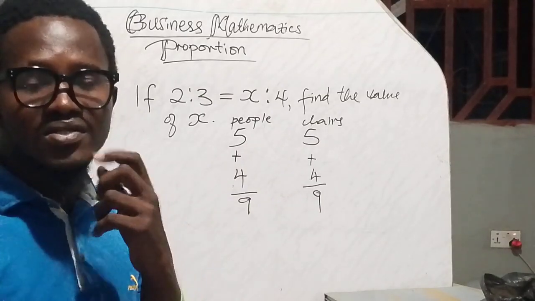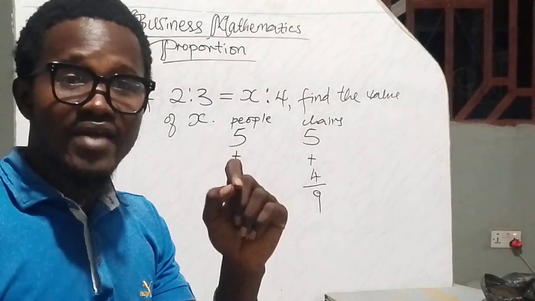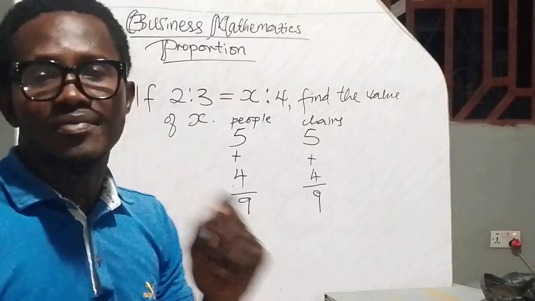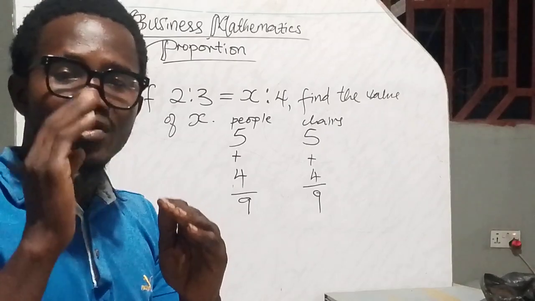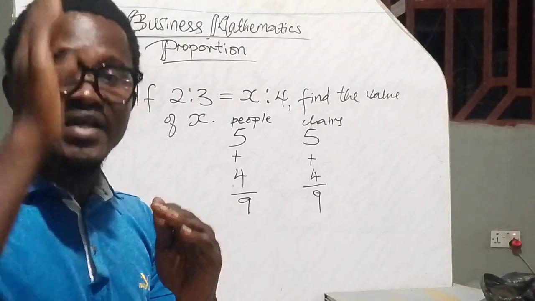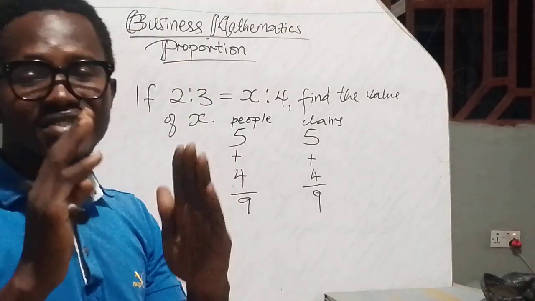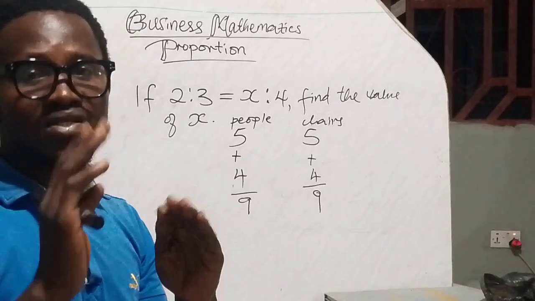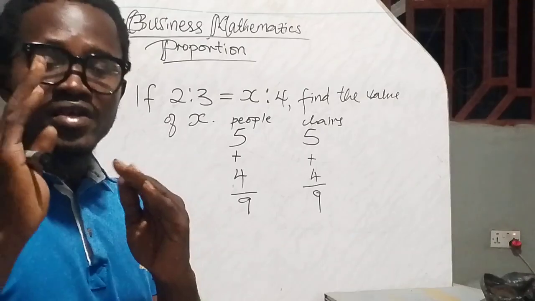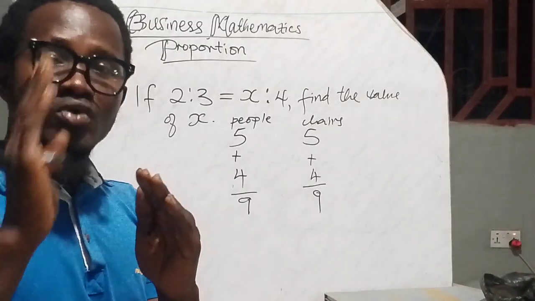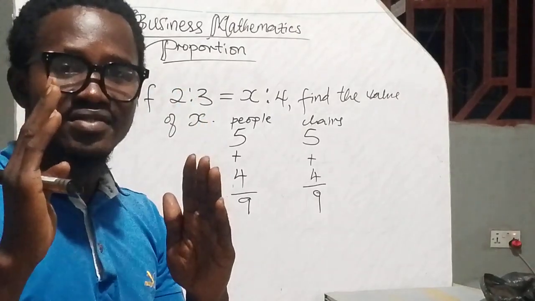So now let's talk about the inverse proportion. Mind you, the indirect can also be called inverse proportion. For the inverse proportion, as one quantity increases, the other decreases.